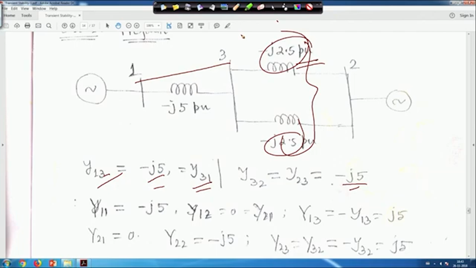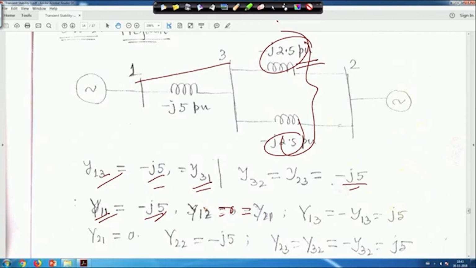That is why it is minus j5, because we have converted that reactance to susceptance, or in general we will call it admittance. Similarly, y11 will be only minus j5. Similarly, y12 equals y21 equals 0, because there is no direct connection between 1 and 2.